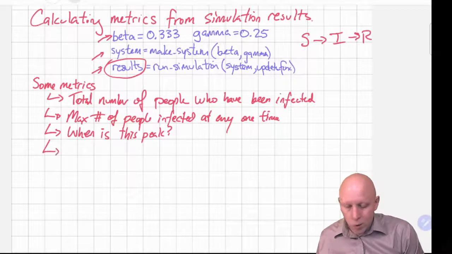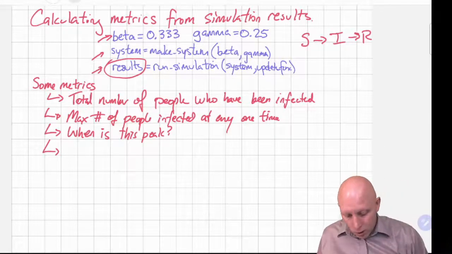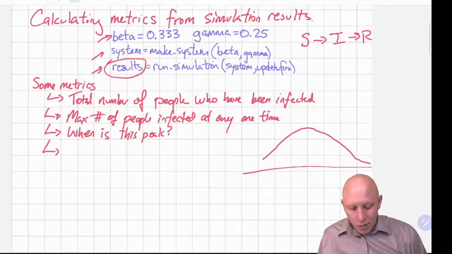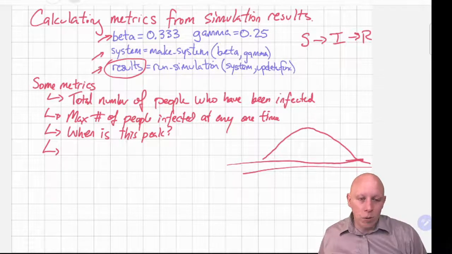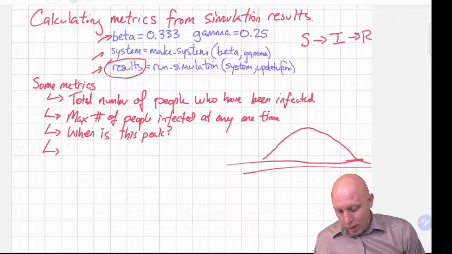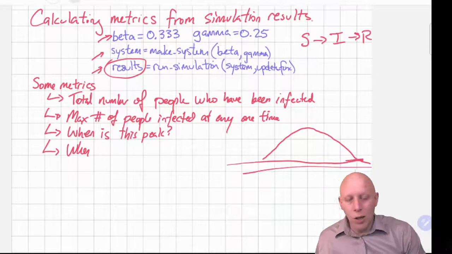And we might care also about when does the peak go below a certain threshold. So the number of infections ends up going down, and at some point it's low enough that we don't care about it, that the number of infections is trivial. And so when does the number of infections go below a threshold?